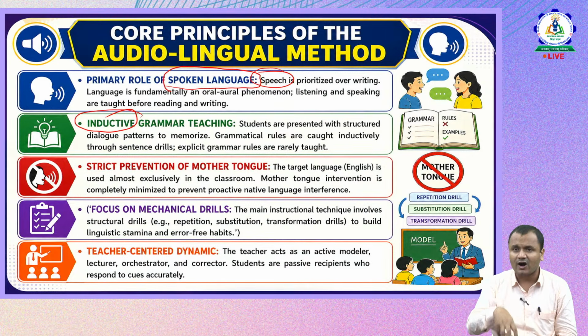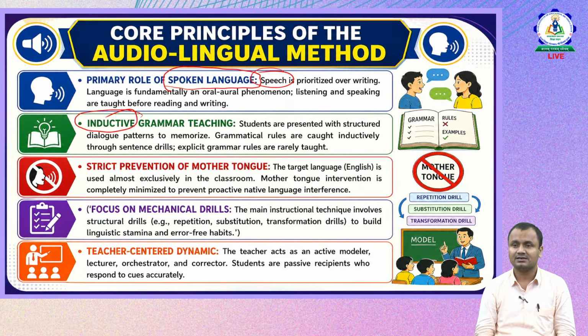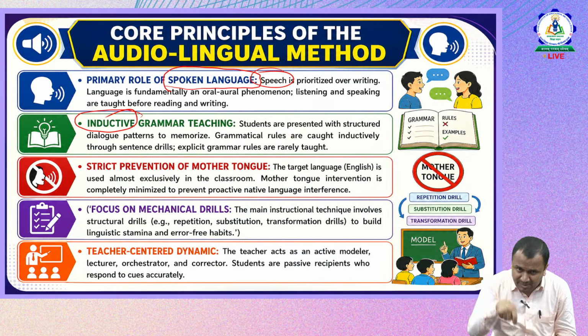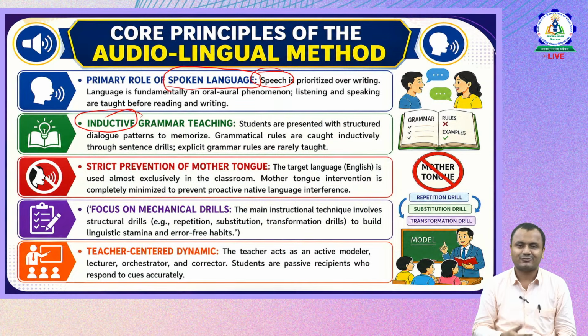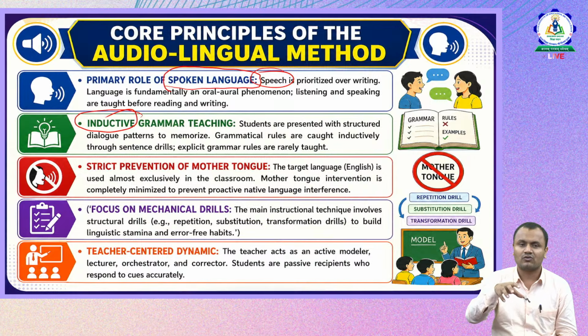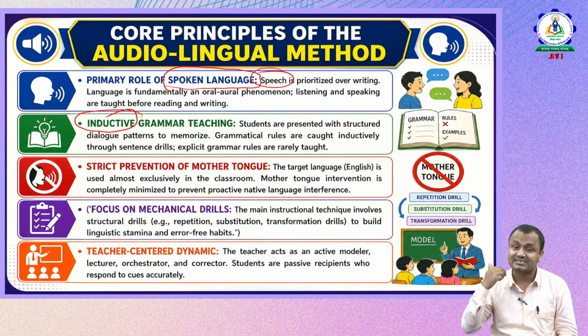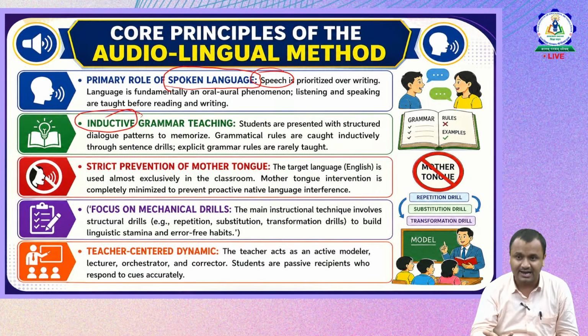Because the core of audio-lingual method is to listen to the native speakers, follow the pronunciation of native speakers, and imitate, mimic just like the native speaker. So if your teacher says schedule one way, you have to say it that way. Now you do not know why you are speaking it like that. You are just imitating it, you are just mimicking it.